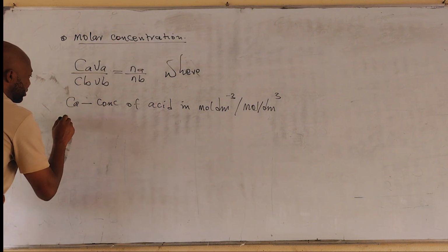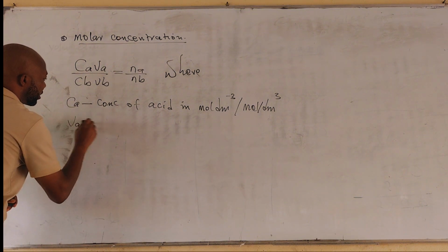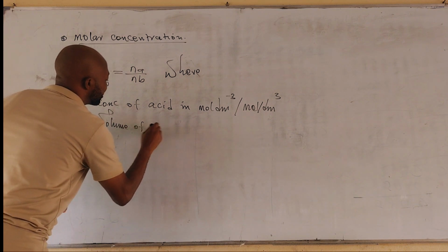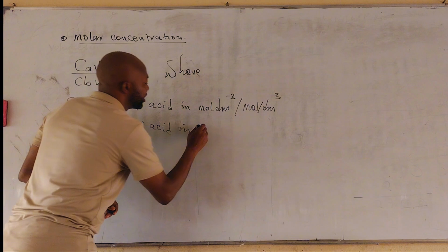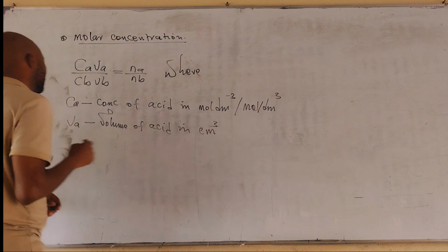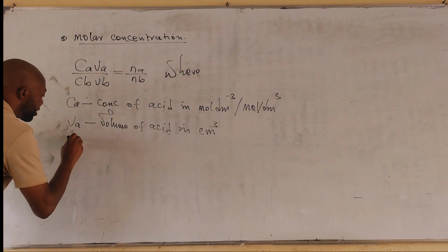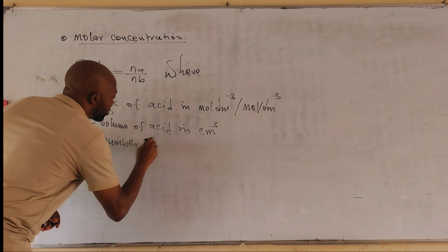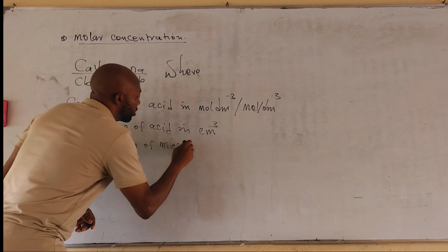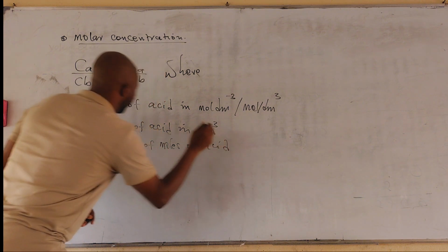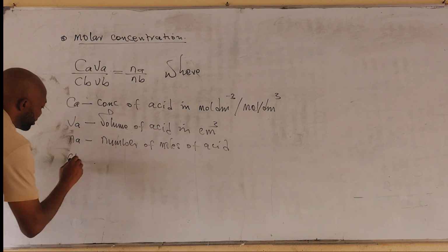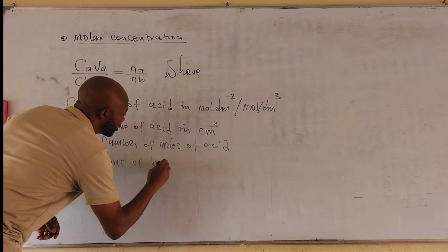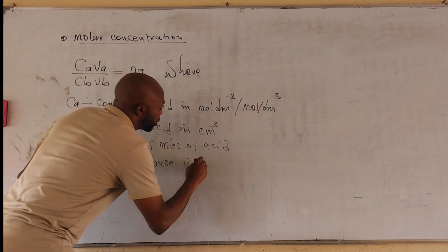While VA is volume of acid in cm cube. NA is number of moles of acid. CB, concentration of base in mole per dm cube.